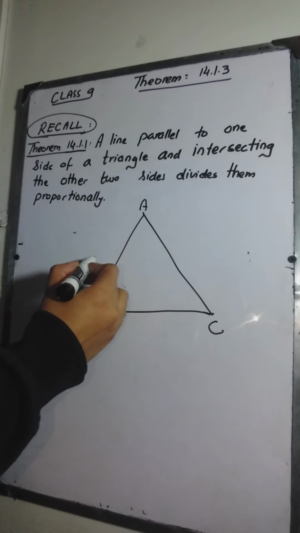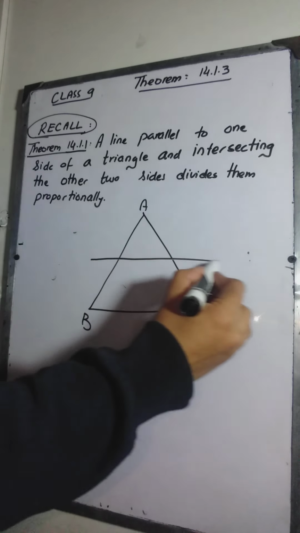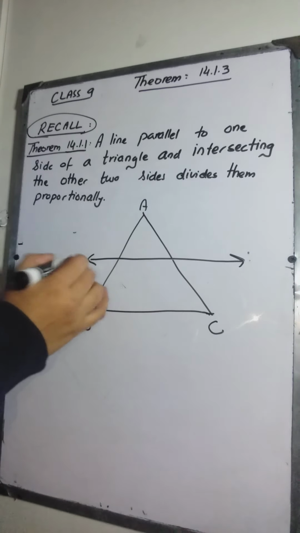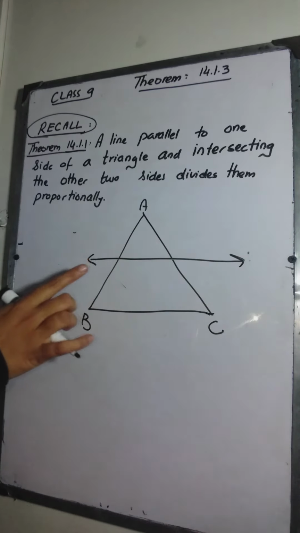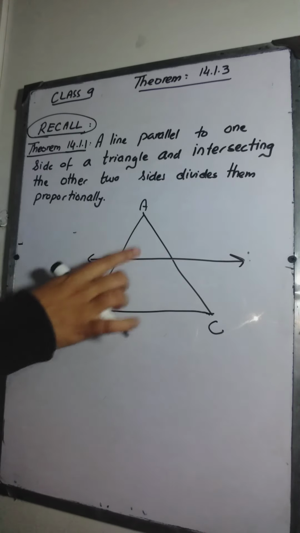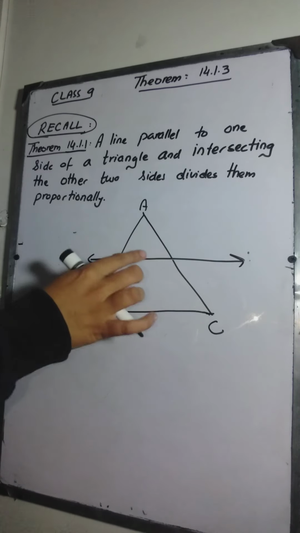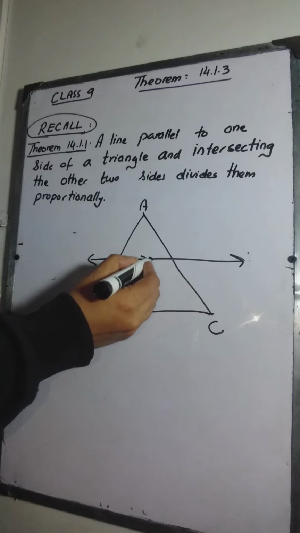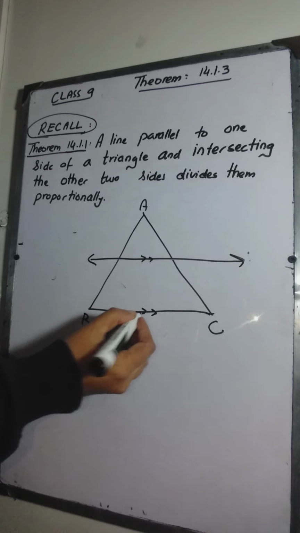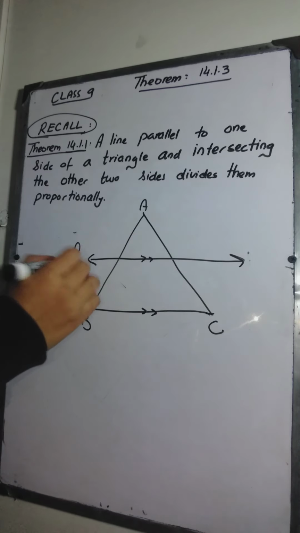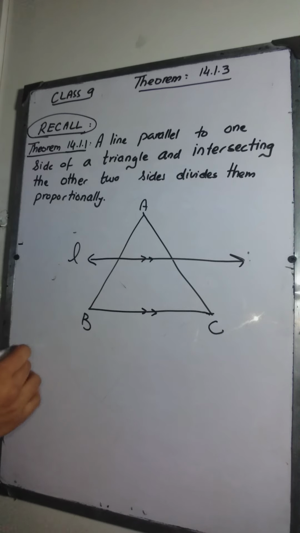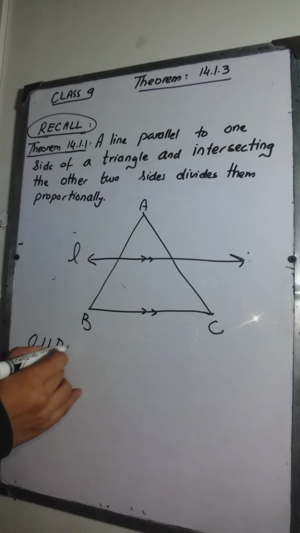Okay, and let me draw a line which is intersecting the other two sides. Intersecting means cutting these two sides. Okay, this is the line which is parallel to one side of the triangle. Let L be the line, and let it be parallel to BC.